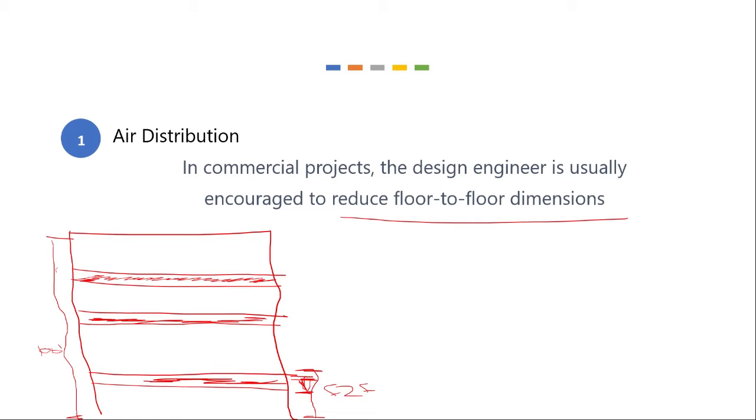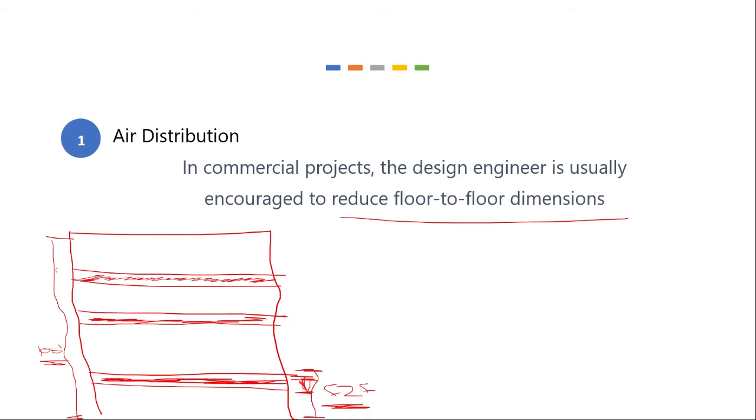The narrower we can make our HVAC equipment, the smaller we can make the floor-to-floor dimension, and the shorter the building would be. Or in other words, we can pack more floors into a building of the same height. If we cut this in half, maybe in the 100 feet or whatever, we can add another floor.